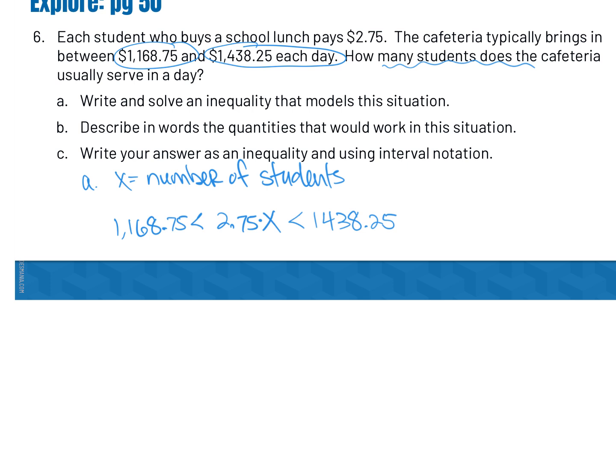And technically it's actually two equations. So if you look at it, it is the bottom equation. So pretty much the bottom amount, a number that they have is the 1,168.75, and it's $2.75 per person.